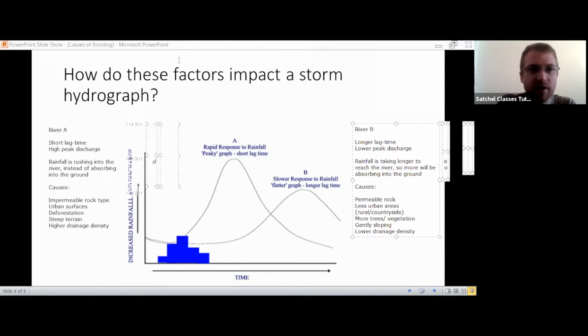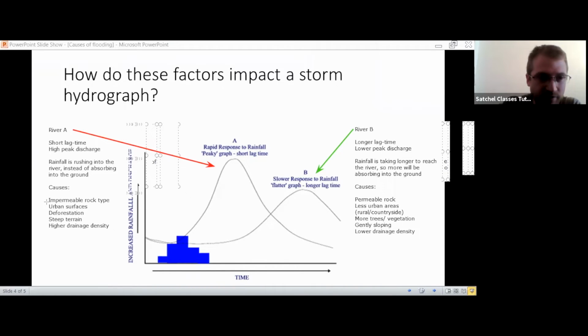So if we have a little look, just a reminder, these are our two polar opposites. We've got River B following here, that's pretty much more natural. We've got our River A, which looks like it's more at risk of flooding due to man-made causes. So let's just highlight these again.